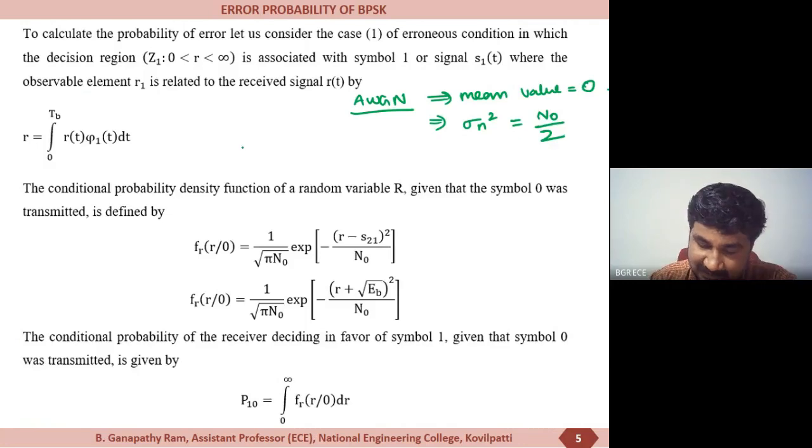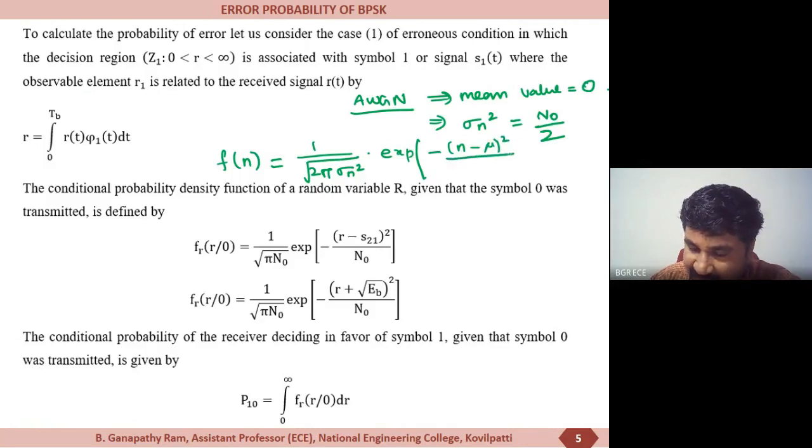And we know that the Gaussian spectrum f(n) can be represented as 1 divided by square root of 2 pi sigma_n square multiplied by exponential of minus (n minus mu) the whole square divided by 2 sigma_n square. So instead of sigma_n square, we can substitute N0 by 2.